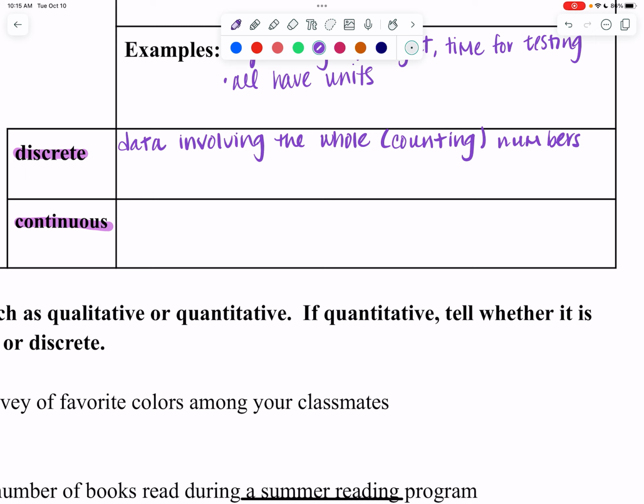So examples might be the number of books you read, or number of speeding tickets.